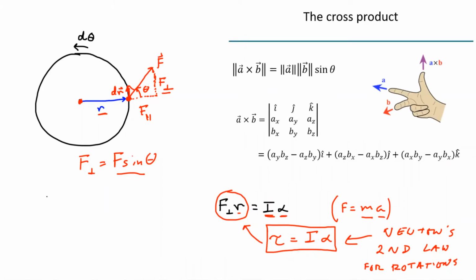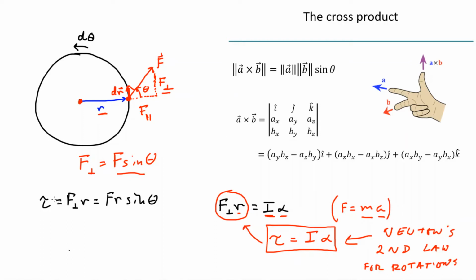So this quantity, torque, tau, which equals F perpendicular times R, remember I said that F perpendicular equals F sine theta, where theta is the angle between the direction of R and the direction of F. So I can write this as F times R times sine theta.